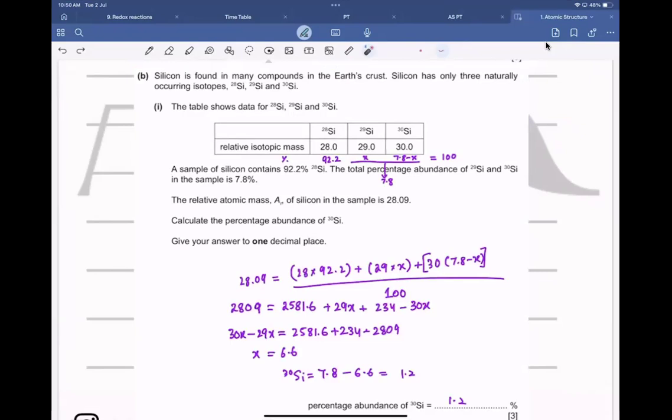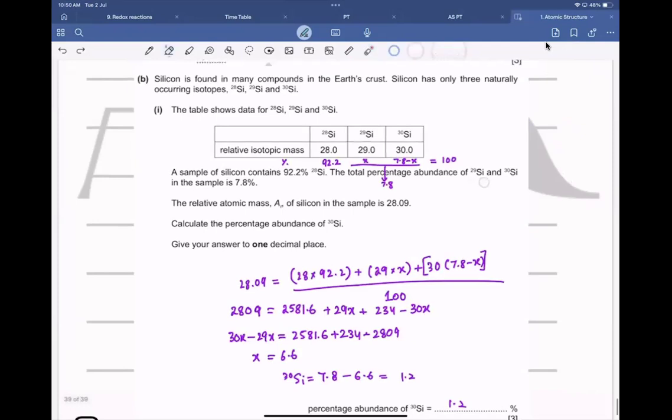now the thing is that this over here, the trick is this. Let's see. If you read this statement, basically they have given you that the percentage of 29 plus percentage of 30 is 7.8, right?